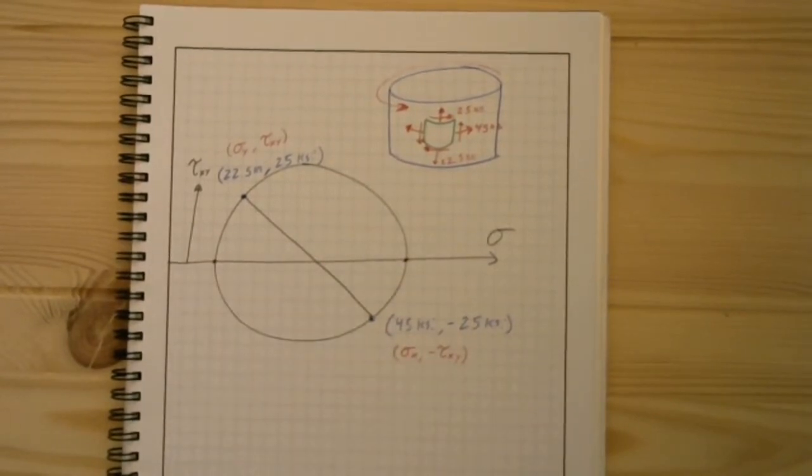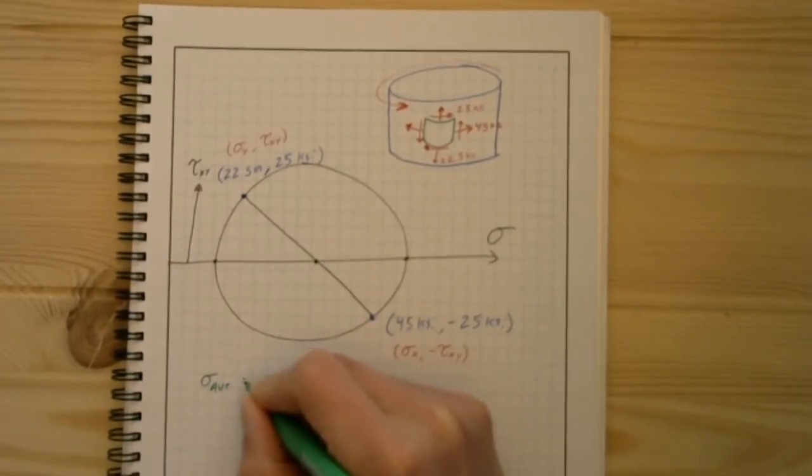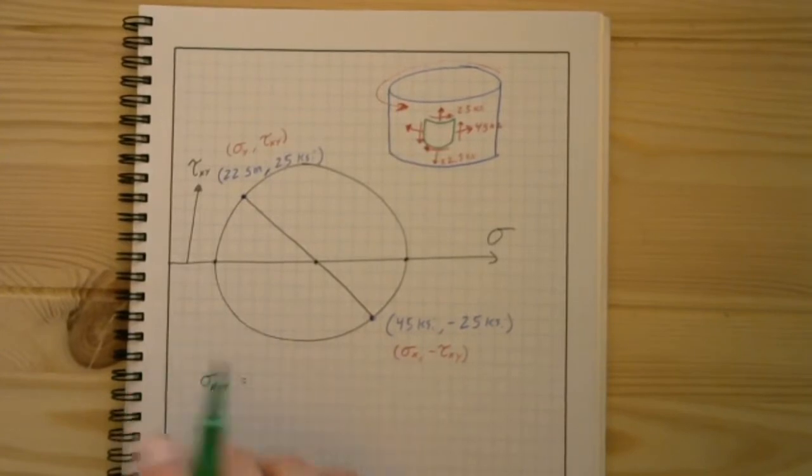So let's go about first finding the average normal stress. It's just going to be the average of the two normal stresses, and it's the same for every stress state. The average normal stress is still going to be the average.